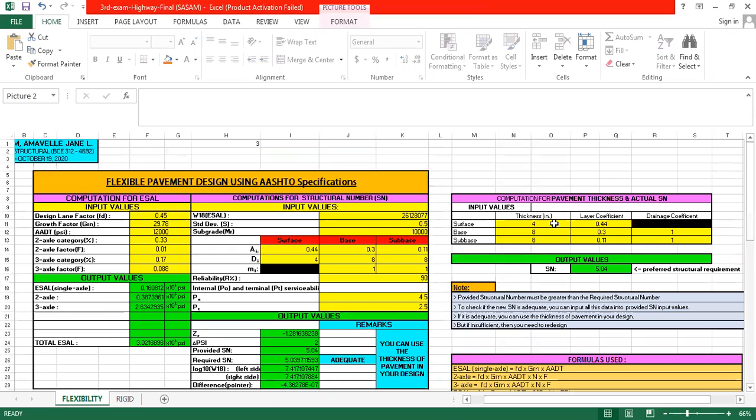So for the layer coefficient of surface, base and sub-base, in this kind of thickness, would be 0.44, 0.3, and 0.11 respectively. So the drainage coefficient is given in the problem.